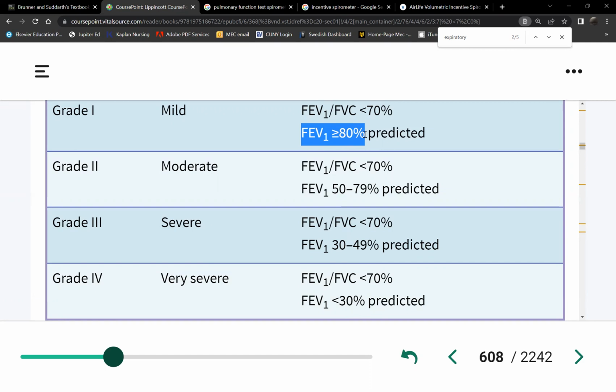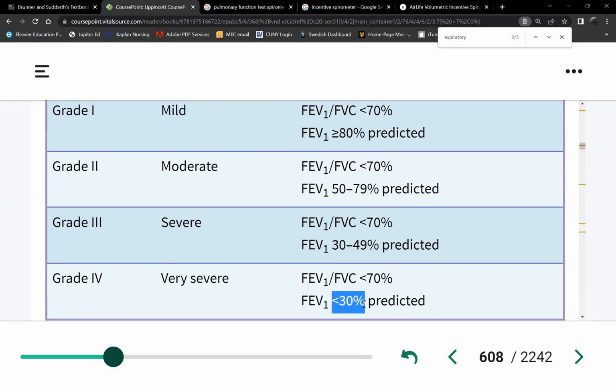So if you're only blowing out 50 to 79%, is that old or new air? That's old air left behind. Imagine if less than 30% is coming out, how much old air is in your lungs? Over 70%. Is that good or bad?